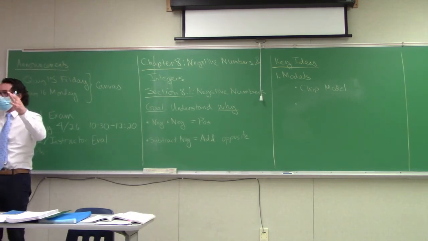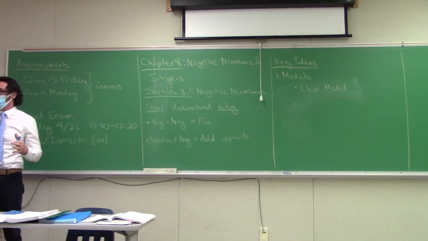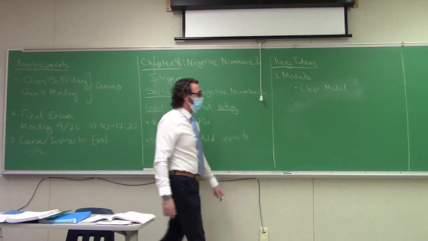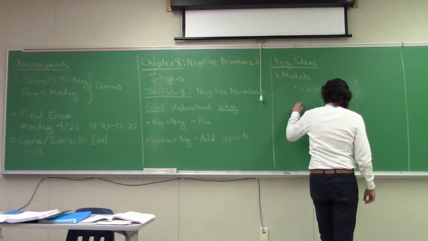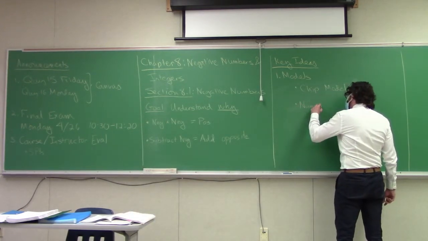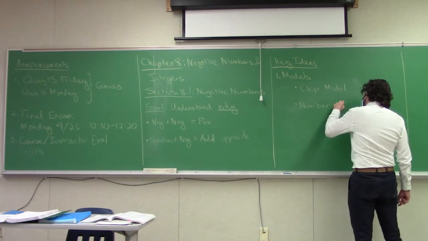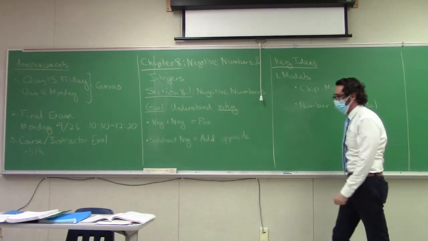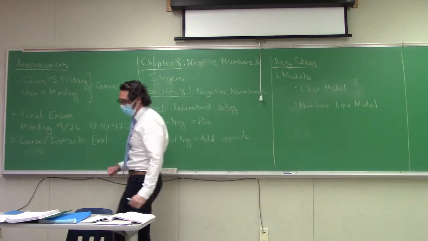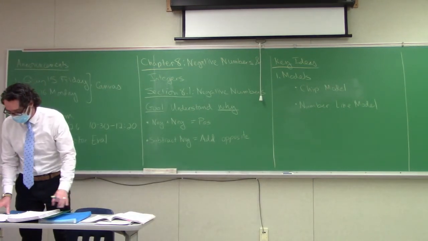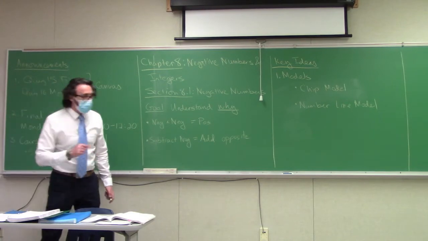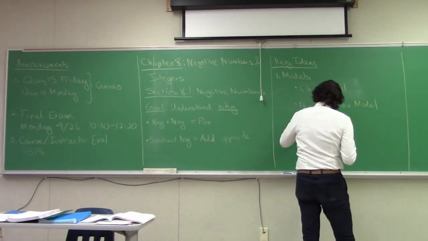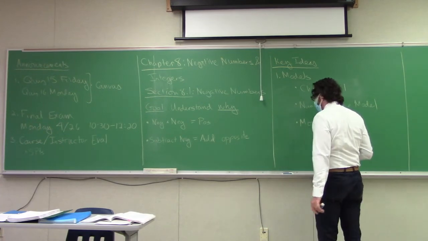If you remember that, we had different trays for the various place values. This is a slightly different chip model. Okay, we'll also talk about the number line model. And another nice model is a money model.